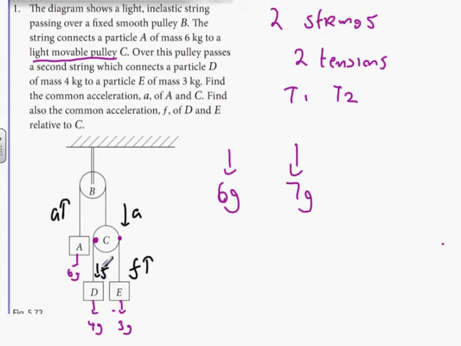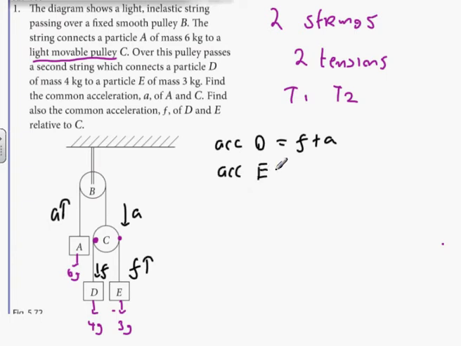Because D is moving down on an object that's already moving down, what is D's acceleration in our opinion? a plus f. Just write this down really quickly, just to make sure you got this. Acceleration of D is going to be f plus a. Acceleration of E?